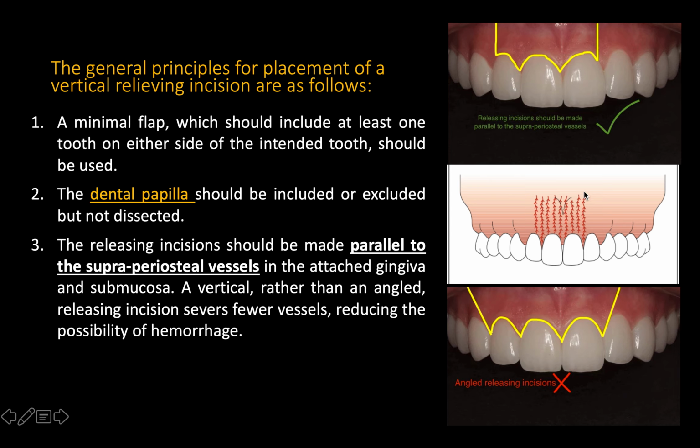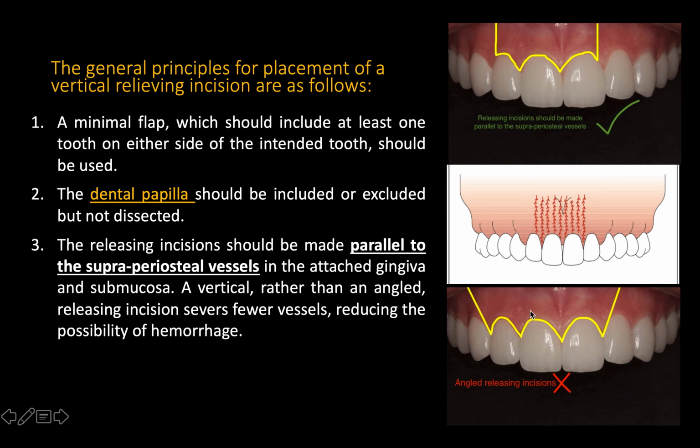So the supraperiosteal blood vessels run parallel to the long axis of the teeth, and our vertical relieving incision should be parallel to these blood vessels, because otherwise, if we angle our vertical relieving incisions, then we will end up severing and cutting multiple blood vessels, which will lead to bleeding and poor hemostasis and poor visibility during the surgery. So the rectangular flap design is better than the trapezoidal flap design.